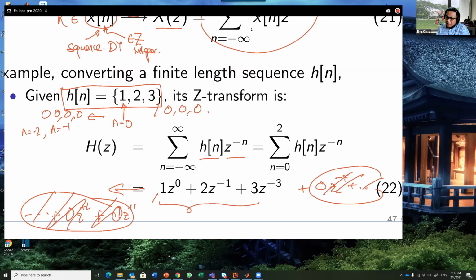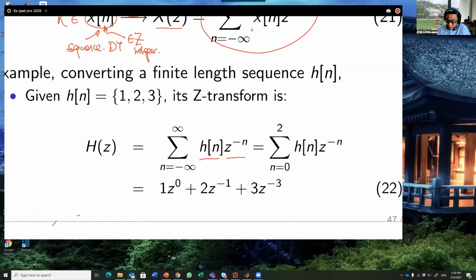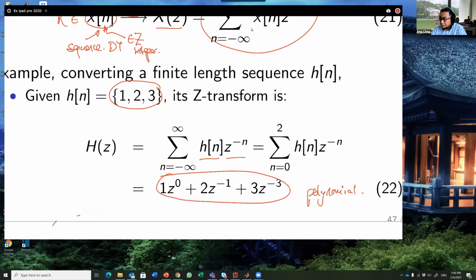So from the Z transform perspective, if you now look at this as a linear algebra or as an algebra problem, we are converting a sequence to a polynomial. Remember, a polynomial is simply some constant multiplied by some variable. And then you'll be thinking, what is the variable?